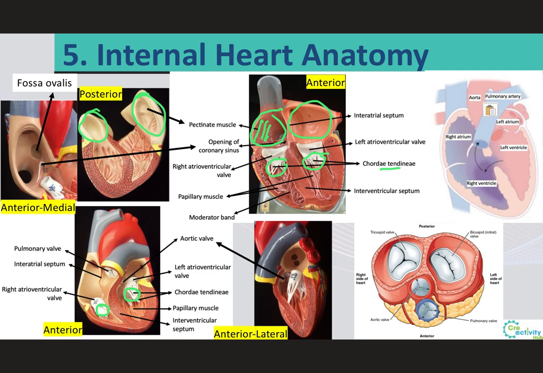From the 5th week of embryonic development until birth, there is an oval opening, which is called the foramen ovale. Remember, foramen is for opening or hole, and ovale is the shape, which is going to be located in this interatrial septum.